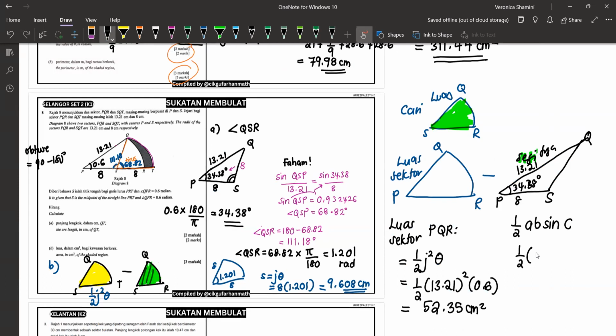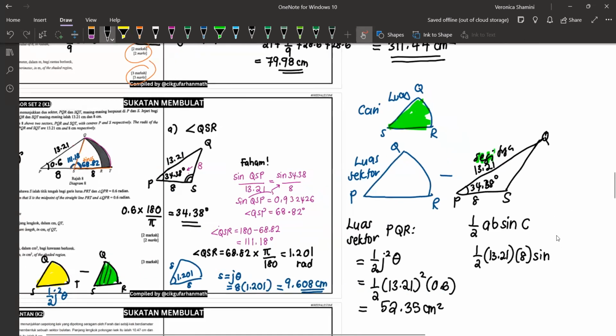So 1/2 A B sin 34.38. Okay, 1/2 times 13.21 times 8. Okay, here I'm getting 29.84 cm.